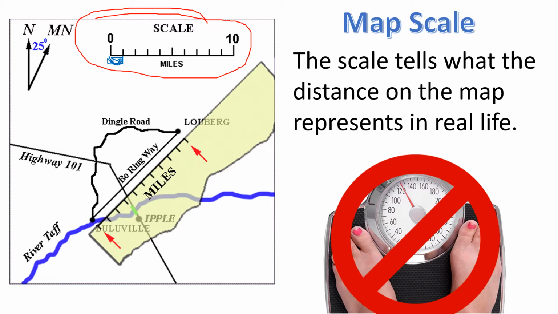So this map has been shrunk down, and those areas from one point to another are pretty long, so don't take them lightly. You wouldn't think that you could walk all the way from point A here to point B within a few minutes. It would take you a while. So we use map scales to show how much we have shrunk an area down.